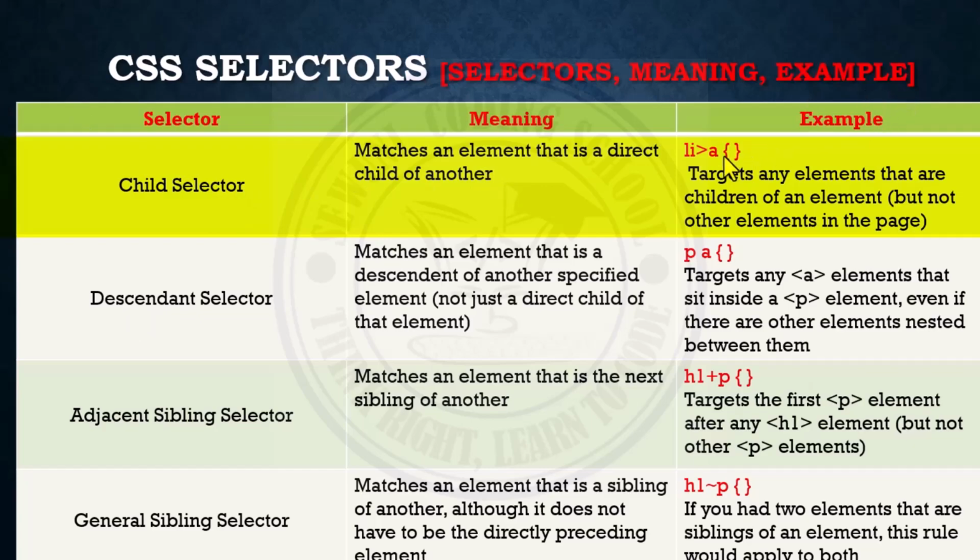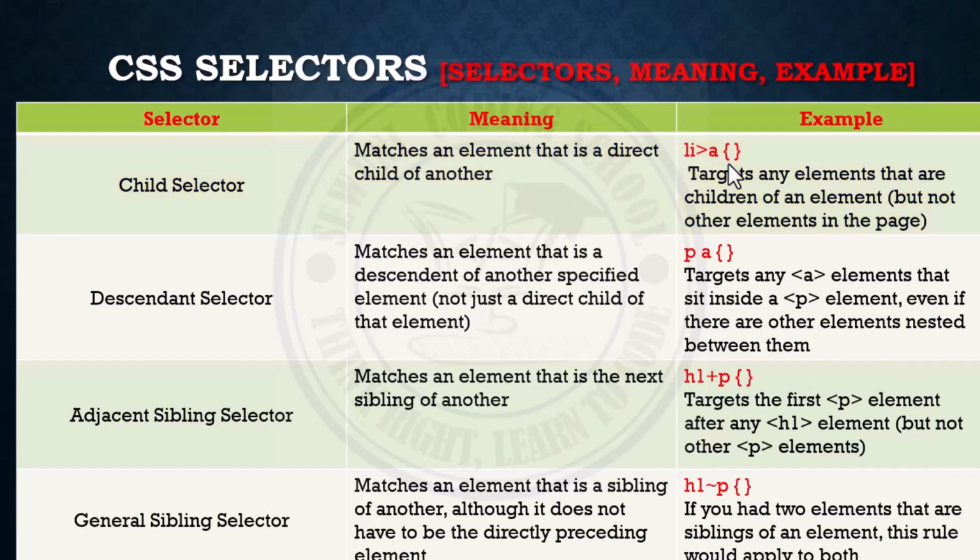For instance, there is a list, and inside the list there is an anchor, that is a link. This targets any element that is a child of an element, but not other elements in the page. So in this case, the anchor is specific to a list item. This is how you represent it: li, then the right angle bracket, and then the name of the child. All your properties should be within the curly brackets.